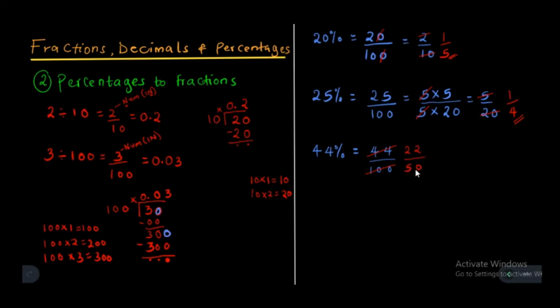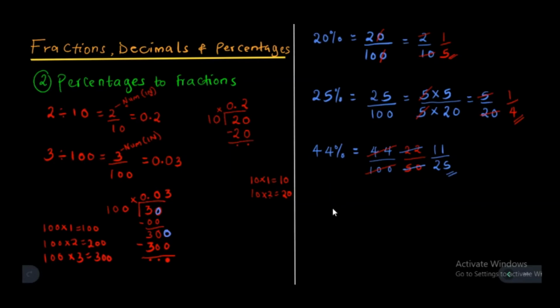Yes, these are still even numbers, so we can still divide them by 2. 2 divides 22 how many times? 11 times. 2 divides 50 how many times? 25 times. When you look at this fraction, is there a common factor between the numerator and the denominator? At this point, there's no common factor, so our answer can be left as 11 over 25.